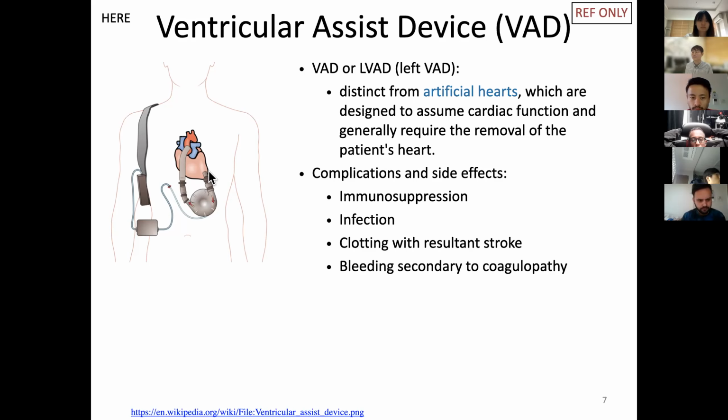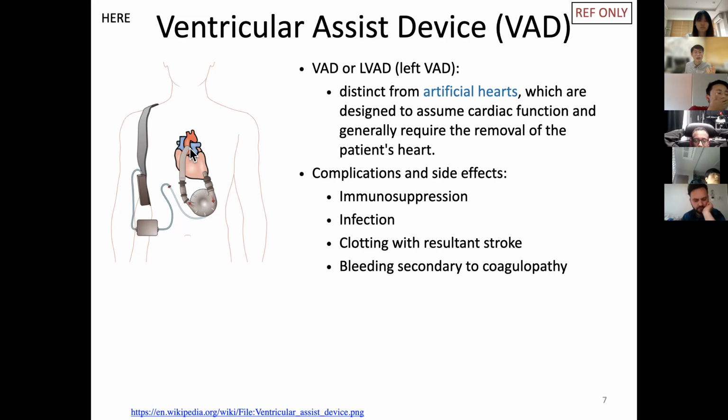There is a left ventricle, and because it may not pump very well, we bring in an external pump, bring the left ventricle blood into this pump, and the pump sends the blood with a pressure gradient to the aorta. So basically, it replaces the function of the left ventricle.